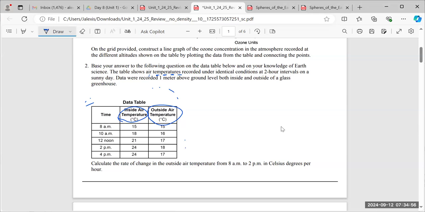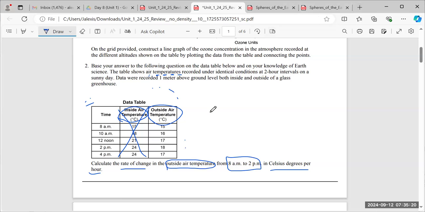So it says calculate the rate of change in the outside air temperature. All right. So that means I'm only looking at the outside air temperature from 8 a.m. to 2 p.m. And my units is going to be in Celsius degree per hour. So what is my rate of change formula?